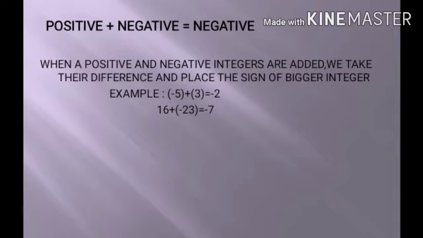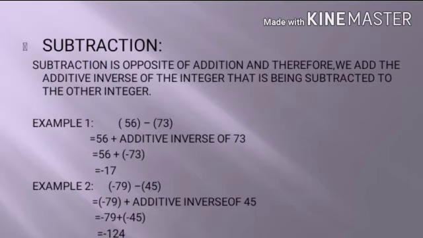Which is the bigger integer here, 23 or 16? 23 is the bigger integer. So we place the sign as minus 7. When a positive and a negative integer are added, we take their difference and place the sign of the bigger integer.